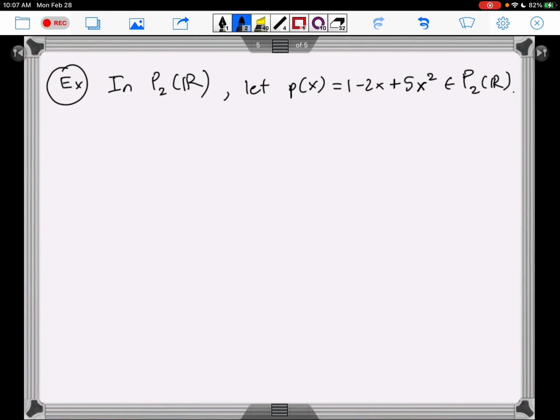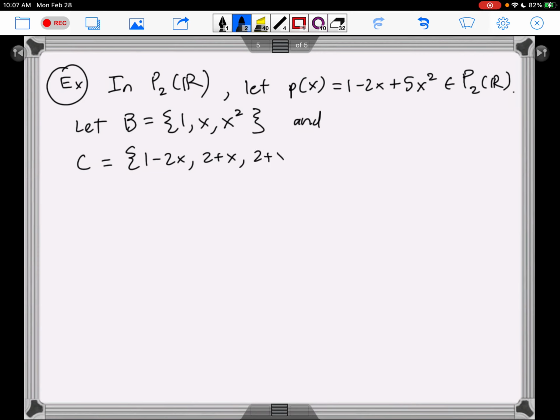And let B equal {1, x, x squared} and C equal {1 minus 2x, 2 plus x, 2 plus x squared}, two ordered bases for P2(R).